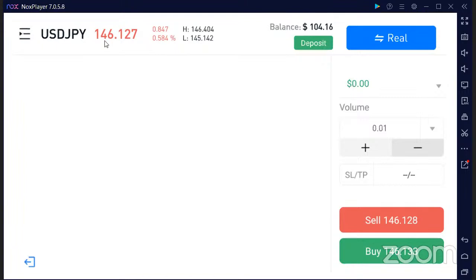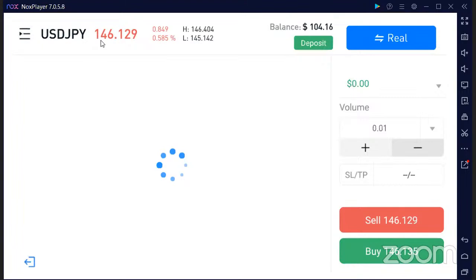Look at this. We have 146.127. There are three digits before the decimal and another three digits after it. Let me make the example for you so you won't get it wrong. Now this is 123.